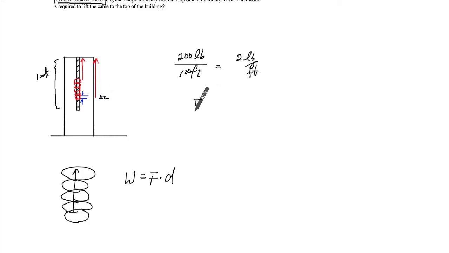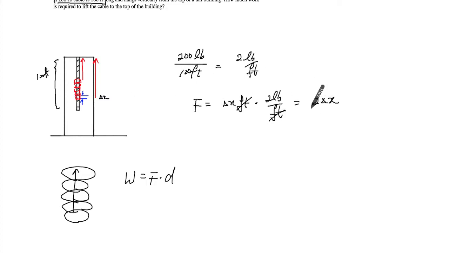That means the force for that delta x, so this length in feet, you have to multiply by 2 pounds per foot. Note that the feet cancel out and we get the force. So it's 2 delta x.